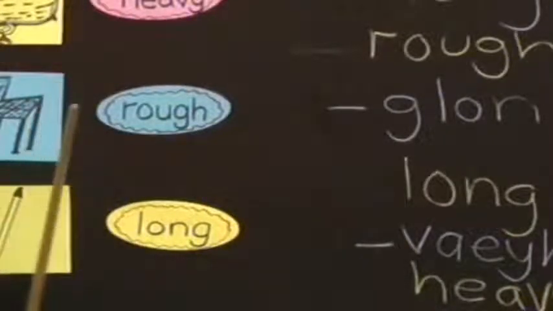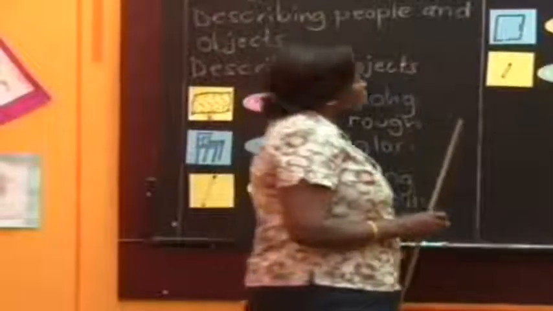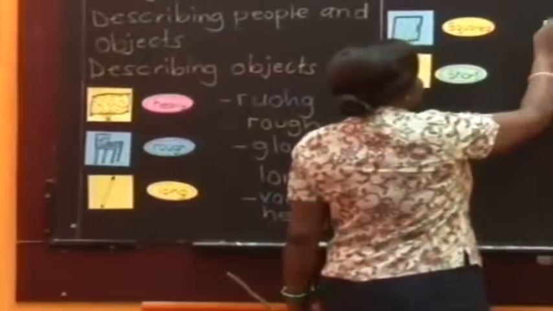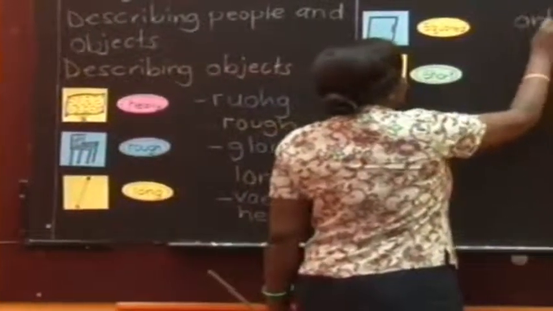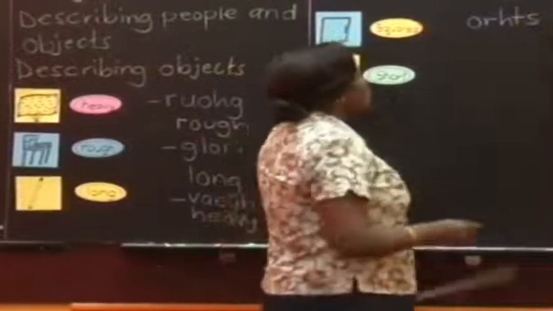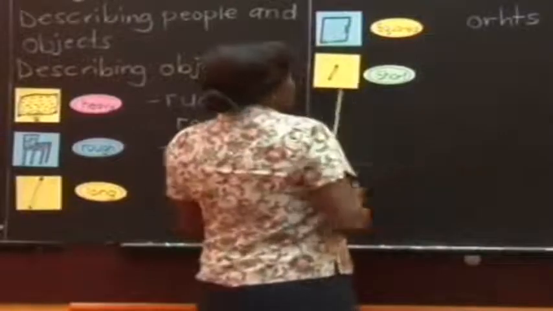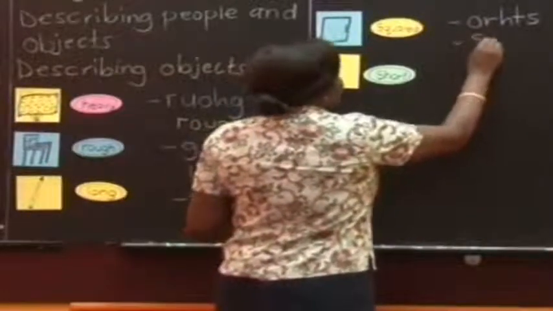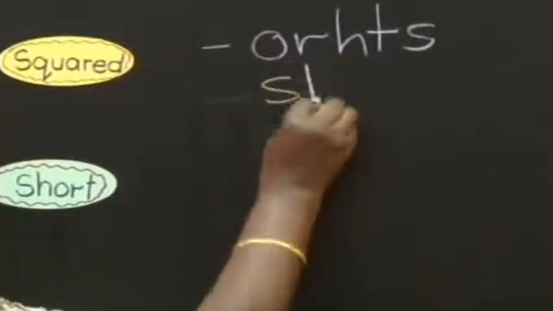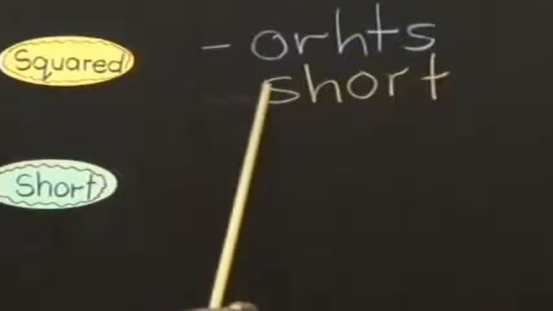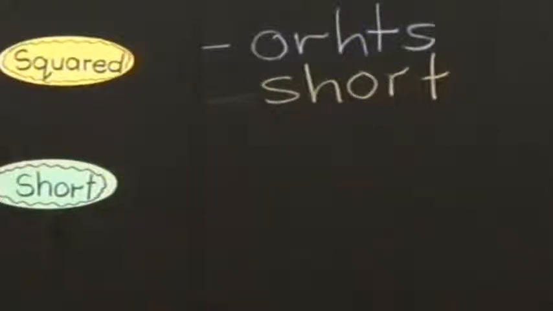Let's continue with our spellings. We spell the word short. With all those letters, you'll be able to spell the word short as S, beginning with S, H, O, R, T. So those are the letters we have in our word.